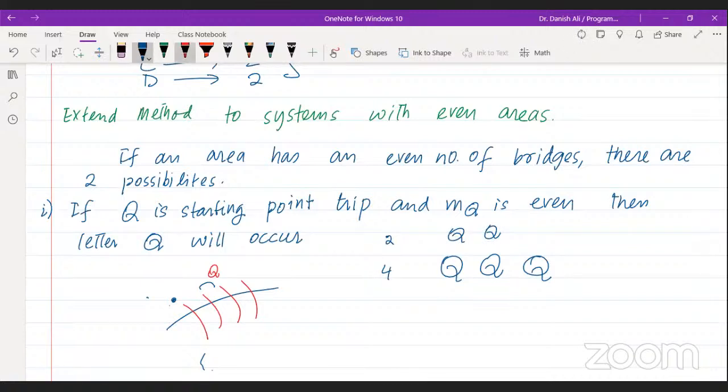Let's suppose you have six bridges and you are starting your trip from the point Q. How many letters will be used? Four.